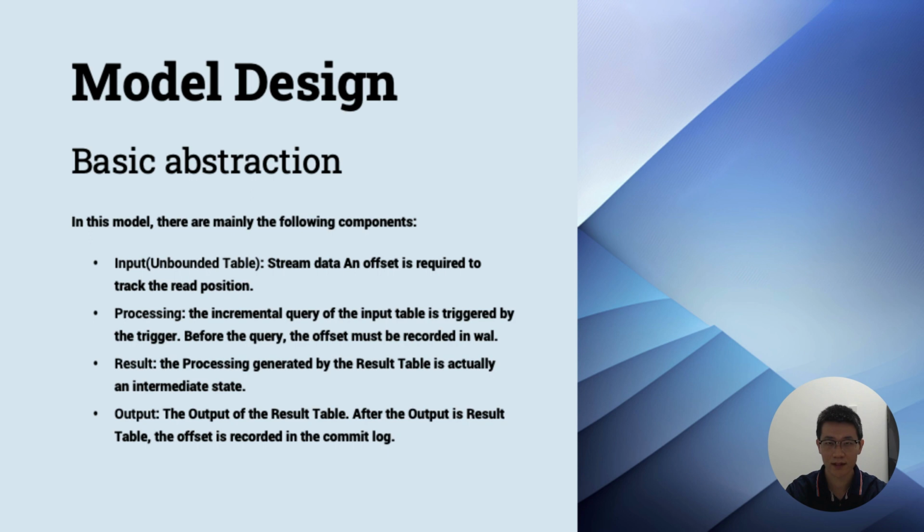Furthermore, the result generated by the query for a batch of data is stored in the result table, serving as an intermediate state. Additionally, the output from this result table requires specific strategies, and once outputted, it needs to be logged in a commit log for fault tolerance, like the WAL.